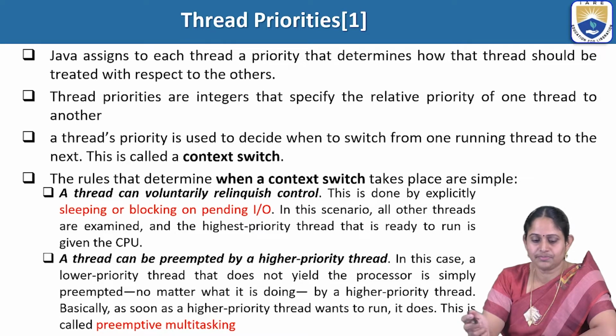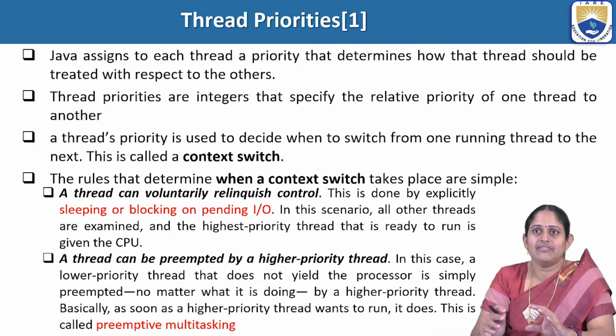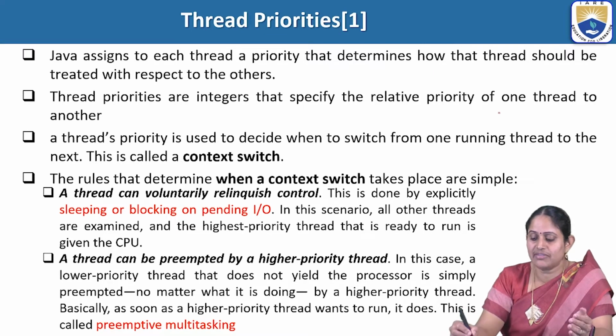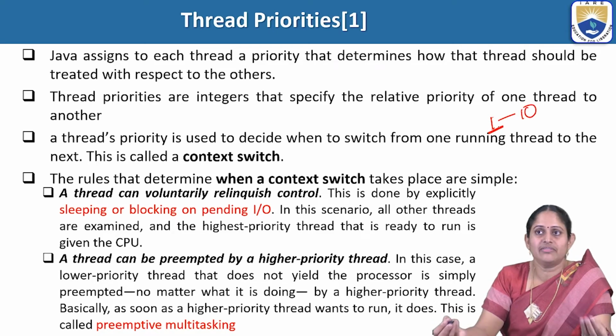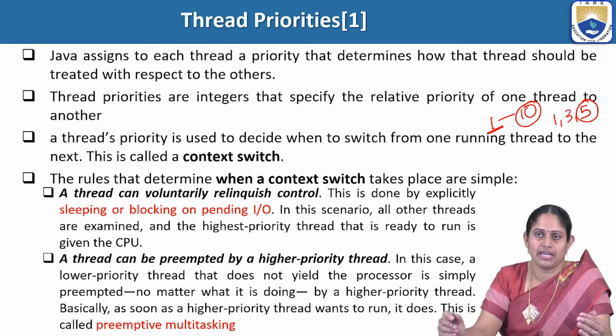In Java, the priorities go from 1 to 10. The thread with the lowest priority may be 1 and the thread with the highest priority is 10. If there are threads with priorities 1, 3 and 5 executing, then 5 is the highest priority thread.